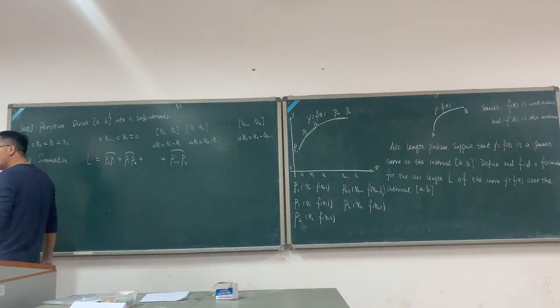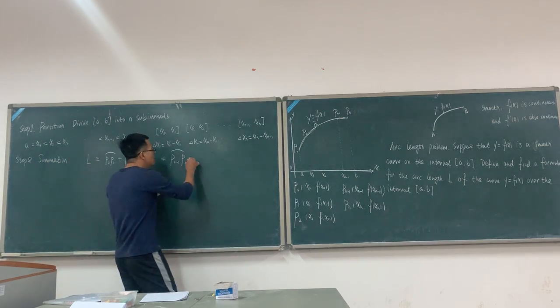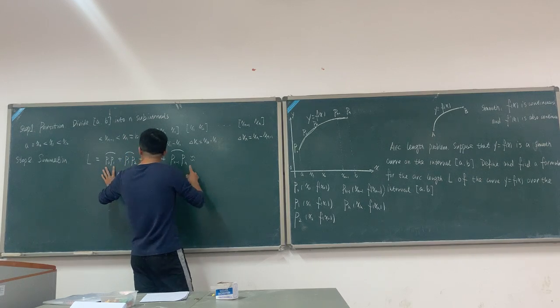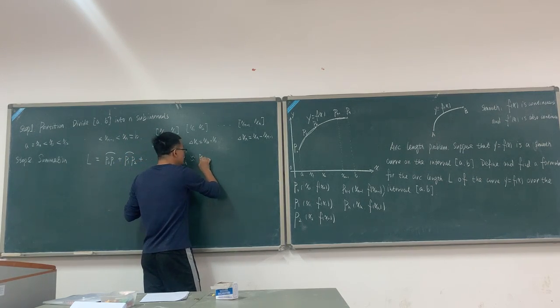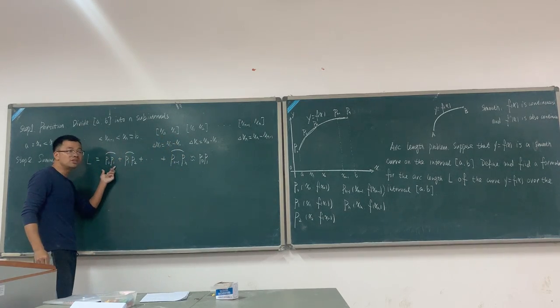So this means the first one is approximately equal to the segment P0P1, which approximates P0P1 hat.